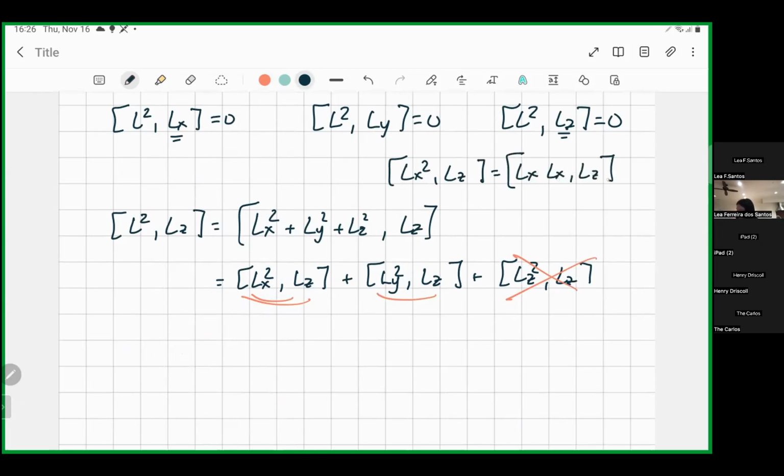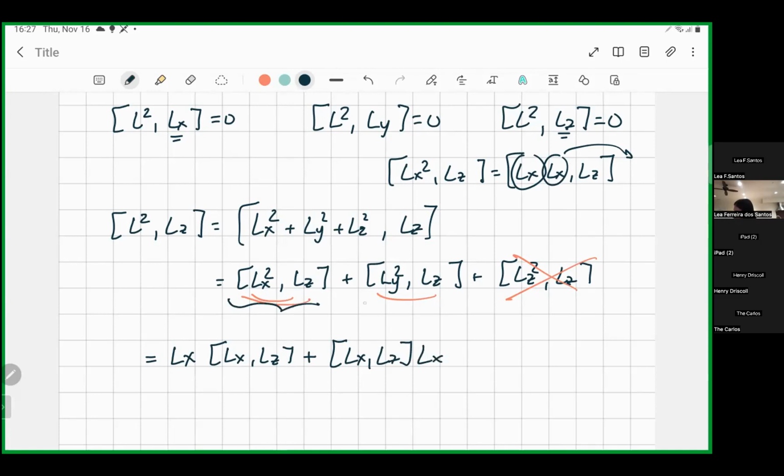So I'm going to use that property of commutators, and I'll write this first term as Lx times the commutator Lx, Lz, plus, putting this one out to the other side, the commutator Lx, Lz times Lx.